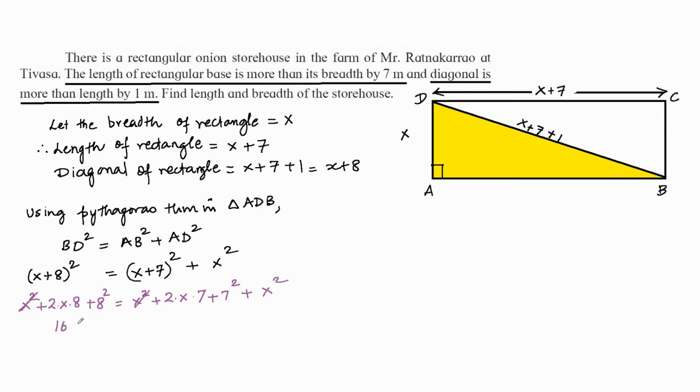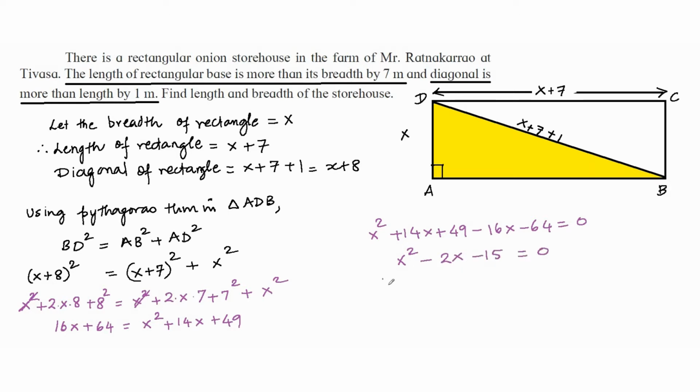So we get 16x plus 64 is equal to x square plus 14x plus 49. Shifting all the terms to the other side, I get x square plus 14x plus 49 minus 16x minus 64 is equal to 0, which means x square minus 2x minus 15 is equal to 0.